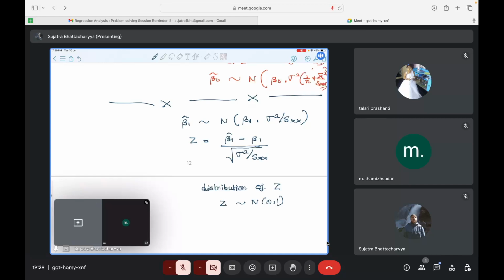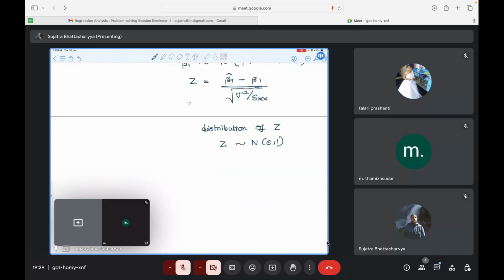Clear? This is one of the important things. So z is normal 0, 1, which is this particular quantity. Let us keep it like this.